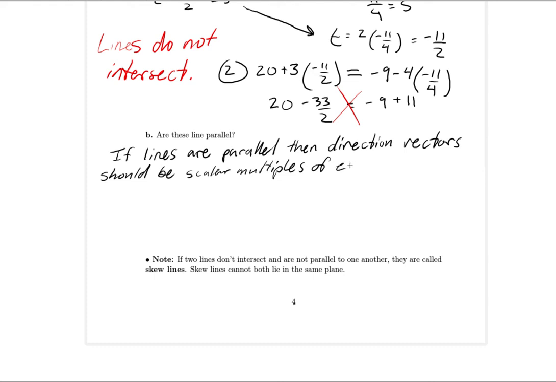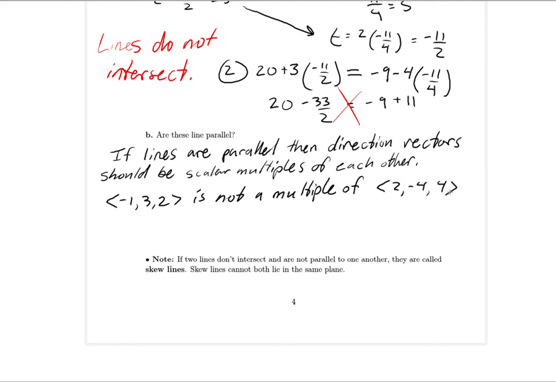And so if I look at those, -1, 3, 2 is not a multiple of the other direction vector, 2, -4, 4. In other words, I can't multiply this entire thing by a number to make this.